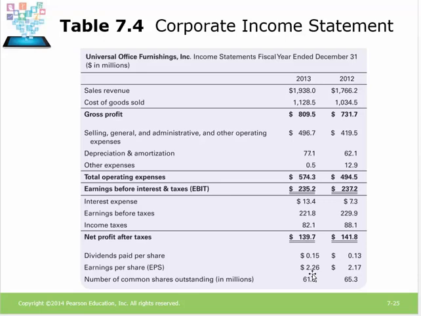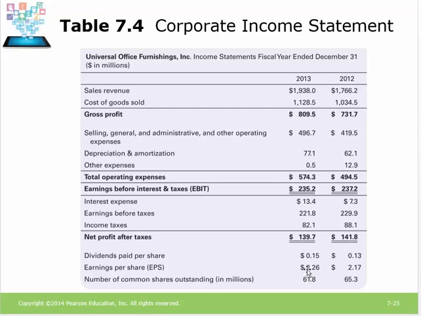Every share of stock has earned $2.26. Now the company has decided to pay 15 cents in dividends. So that means of the 226, they paid 15 cents. So that must mean that $2.11 has been kept, right? This is paid out. The remainder, the difference is what is kept.